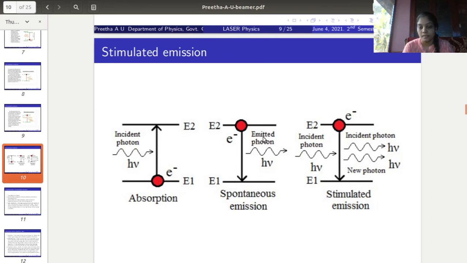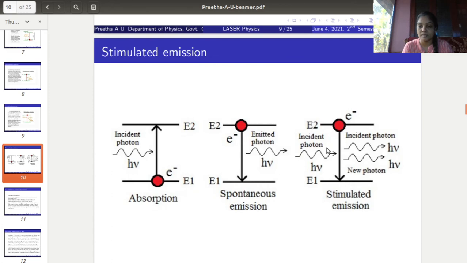So how can it be achieved? It can be achieved with the metastable state. That's why the metastable state is very important in laser action. What happens if a material has a metastable state?